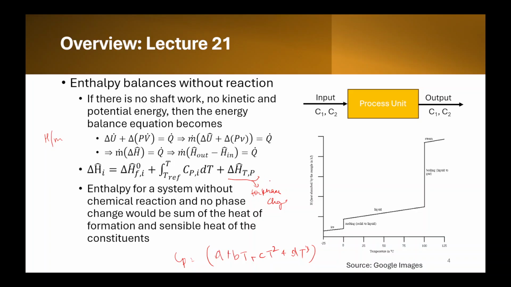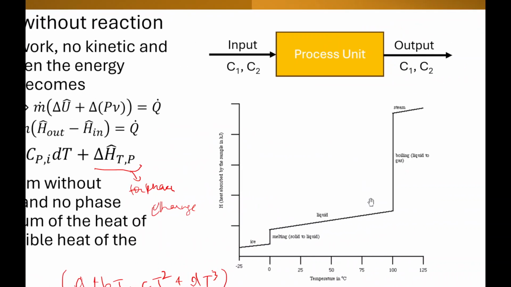So this is basically the latent heat. It can be heat of vaporization, it can be heat of fusion as well. It is at constant temperature and pressure. From this plot you can also see that for water, the temperature rises from minus 25 degrees Celsius, and the phase is still the solid phase.